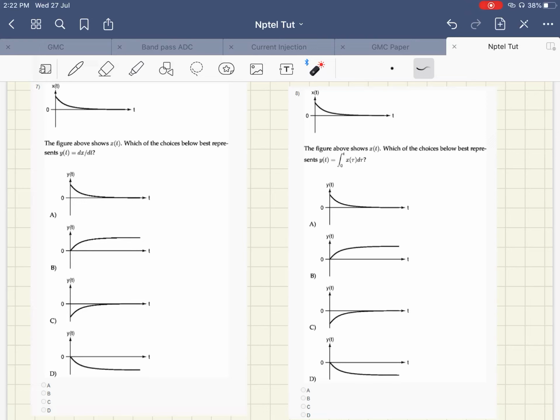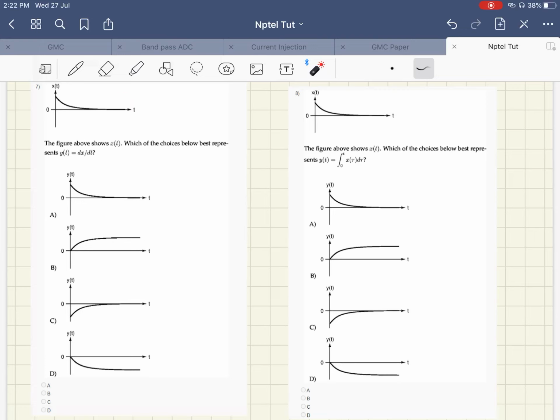Now, at a very large time, that is when t tends to infinity, we see that the output becomes flat after some time. That is, there is no longer any increase or decrease in x of t.